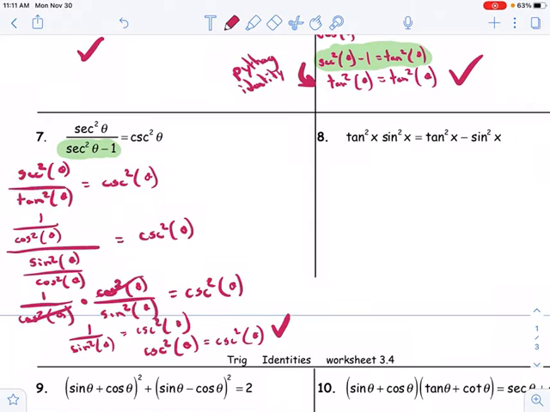Looking at my right-hand side, trying to figure out how best to do that. I'm just going to start by changing tangent squared x into sine squared x over cosine squared x times sine squared x.